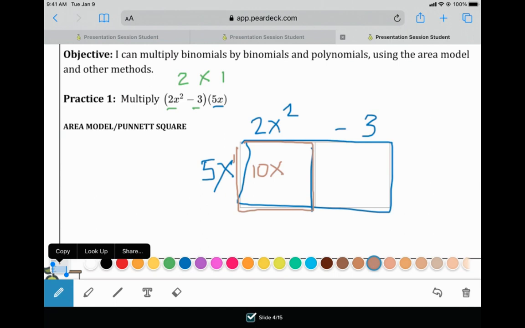Remember, when you multiply, you add the exponents, so that's x to the third. Then you do the same for the second box, which is negative 3 times this number right here. Negative 3 times 5 is negative 15x. So your answer is going to be 10x to the third minus 15x.